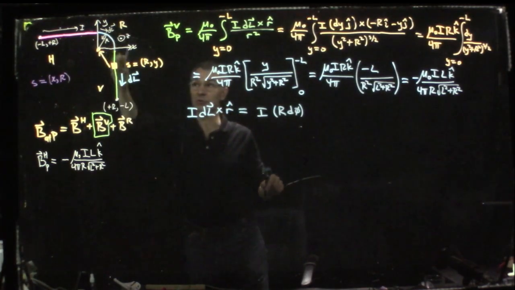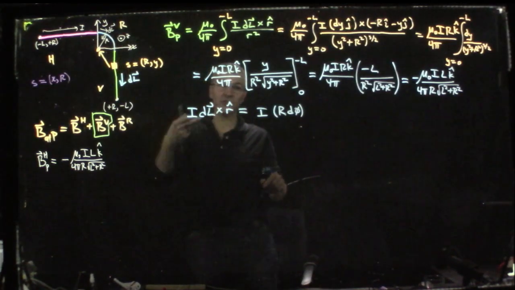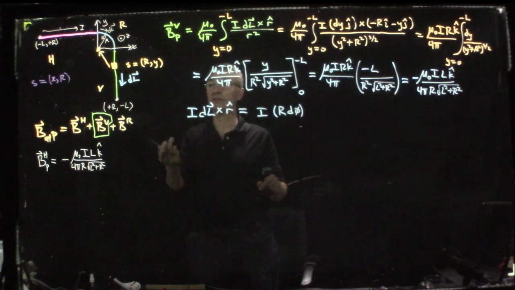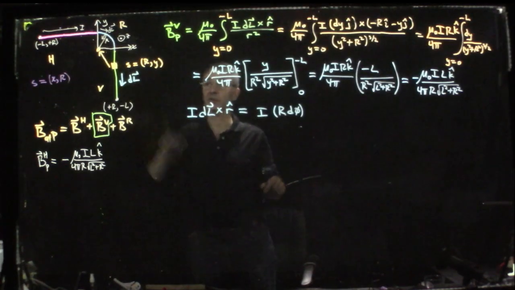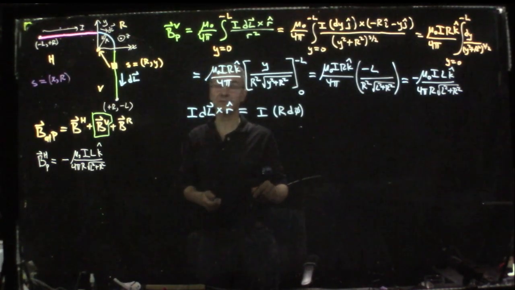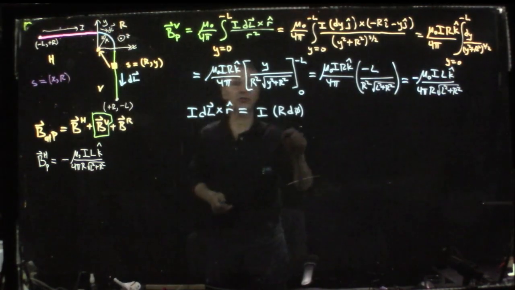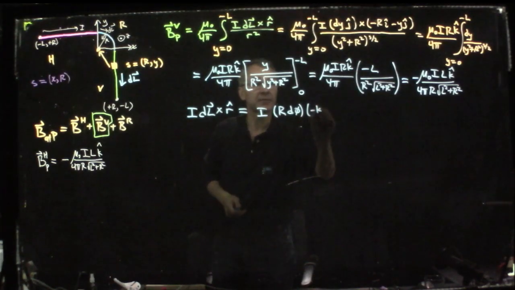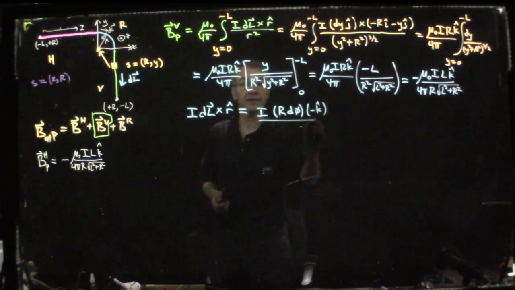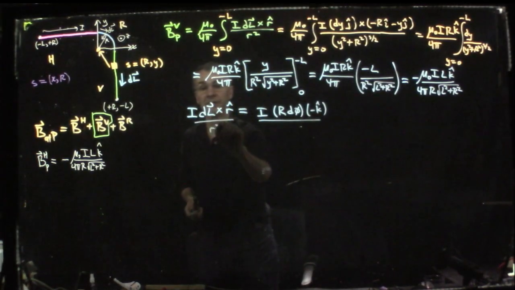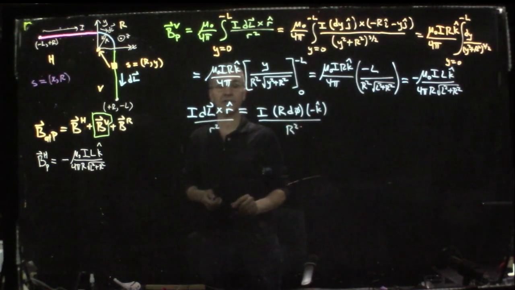I mean, this is like a quarter of a circle. So these are perpendicular to each other, so there's no sine factor in the cross product because the two vectors we're cross producting are perpendicular. And then we cross product with r hat, the result is just going to be minus k hat. And then we divide by r squared, which in this case is just the radius of curvature squared.